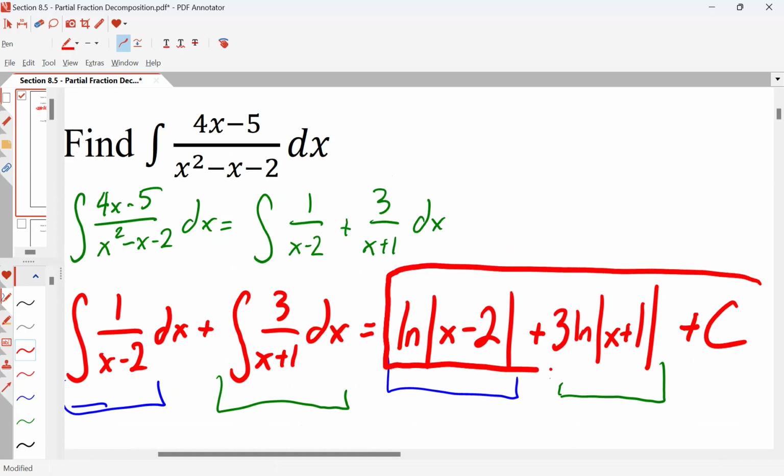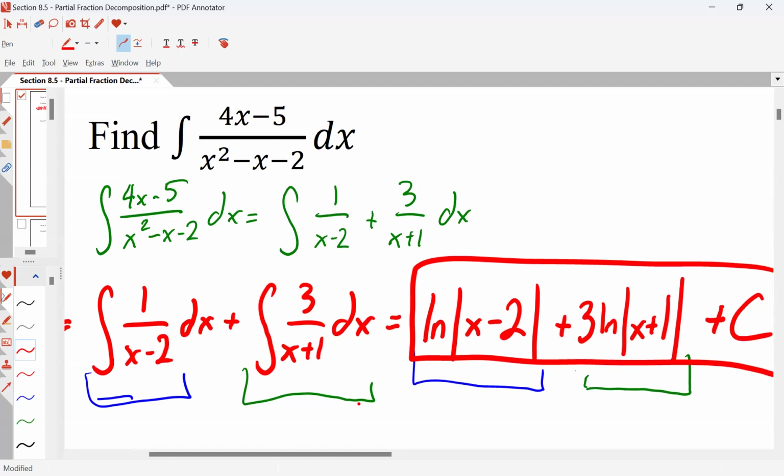And there we have the integral of 4x minus 5 over x squared minus x minus 2, with not a lot of work, except for the fact that we knew this equality. We knew this fraction on the left could break into the two fractions on the right.